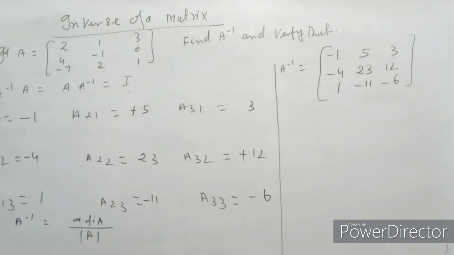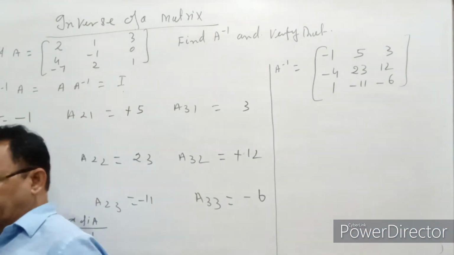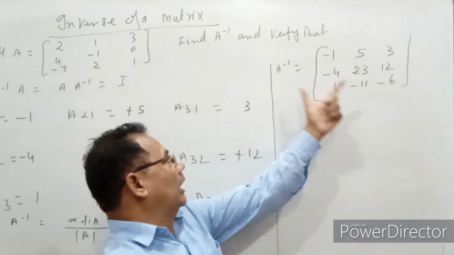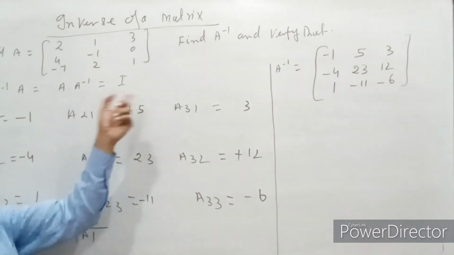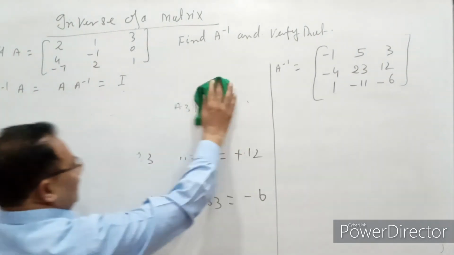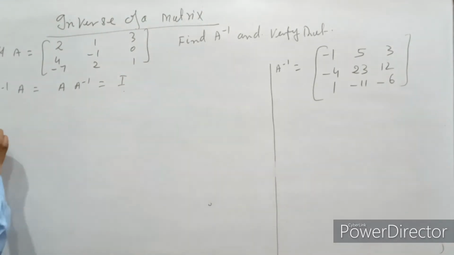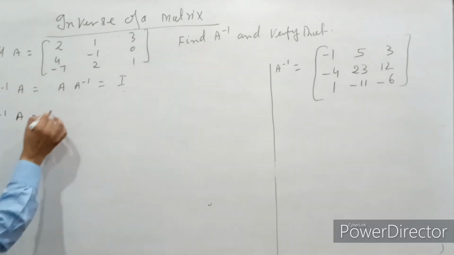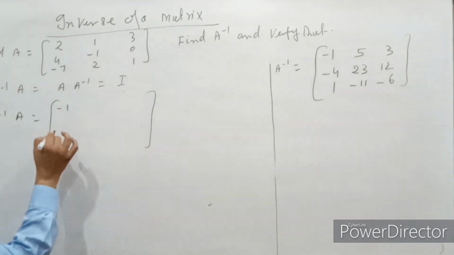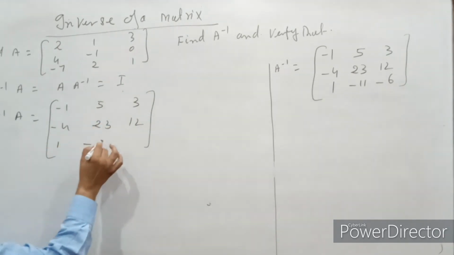Now verify that A inverse into A should be equal to identity matrix. इससे हमारे दो फायदे यहाँ होंगे कि हमें अपने आंसर की चेकिंग भी हो जाएगी। अगर रियली में ये दोनों की प्रोडक्ट आइडेंटिटी मैट्रिक्स आएगी तो your answer is correct, और अगर ऐसा नहीं होता है, वेरिफिकेशन नहीं होता, it means your answer is wrong. तो therefore we find the value of A inverse into A. So A inverse into A is equal to -1, 5, 3, -4, 23, 1, -11, -6.